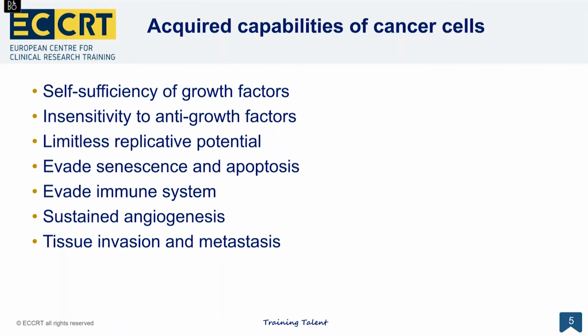Secondly, last but not least, we have sustained angiogenesis. Angiogenesis is a mechanism of blood vessel development. So these cancer cells can create their own blood vessels. If patients see their physician, it is often because they have a sign of blood loss.